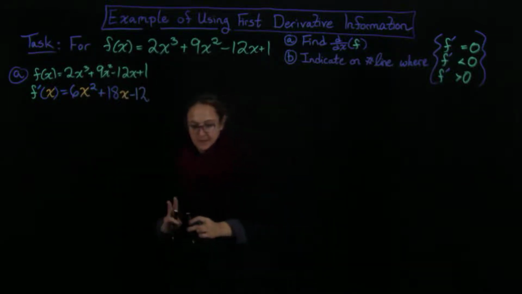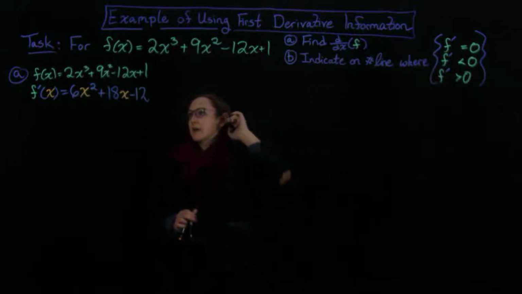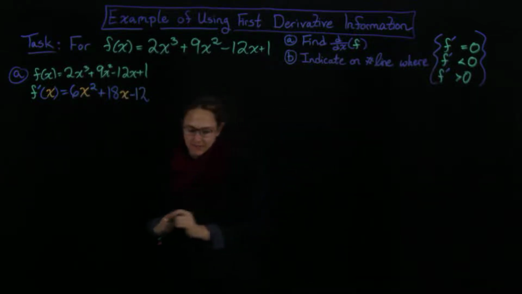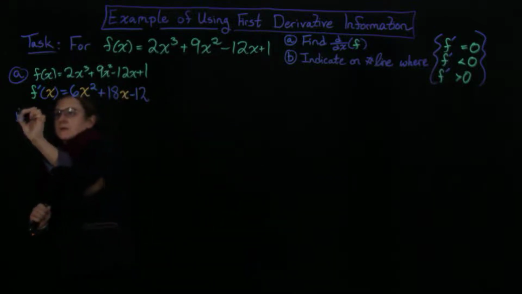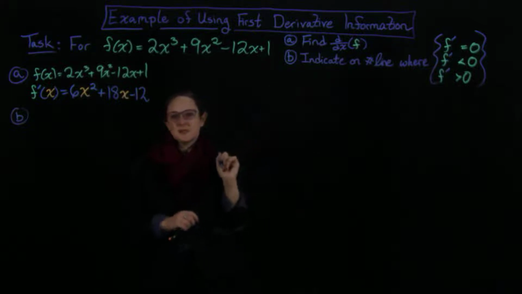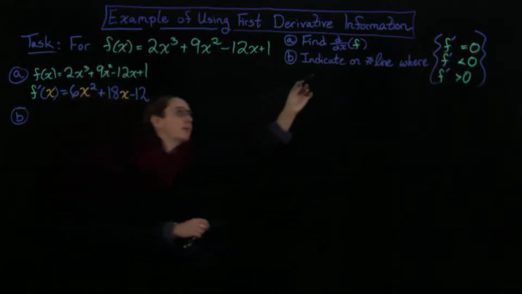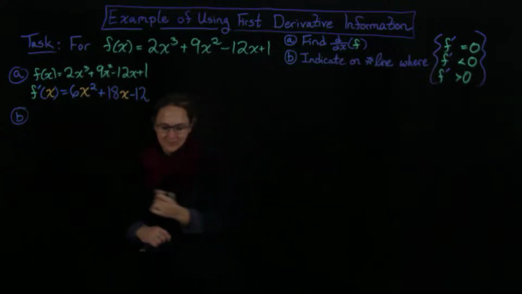Okay, perfect. Now the next part is we need to find where the derivative is equal to 0. To complete this, the first thing we need to do is find where the derivative is actually 0. Otherwise, we can't divide it up into those 3 circumstances.